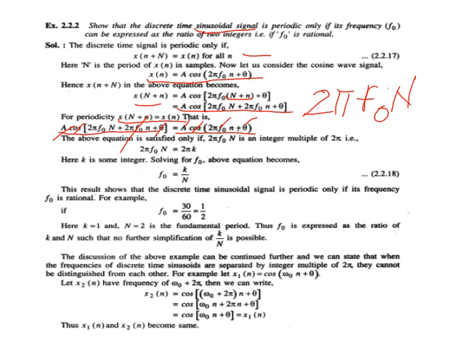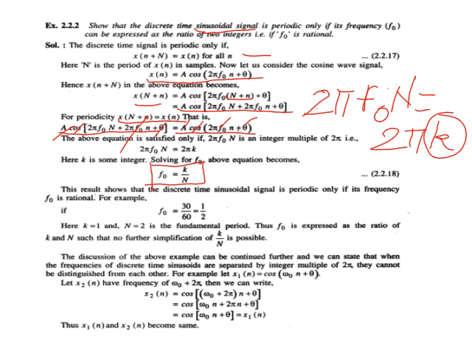2 pi f0 N should be equal to 2 pi k, and k is an integer for the discrete time signal. So f0 should be k by N. That is the condition for periodicity. This ratio should be a ratio of two integers, free from a decimal point.